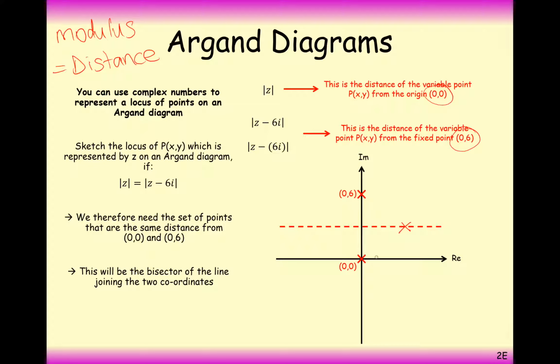Take any point along this line, the distance to each of the complex numbers or the starting points is going to be equal, and that's what the question is looking for. The distance between the point 0, 0 and the distance between the point 0, 6 must be equal, so it's a perpendicular bisector here. Effectively, the equation of this line is y equals 3, or effectively z equals 3i.